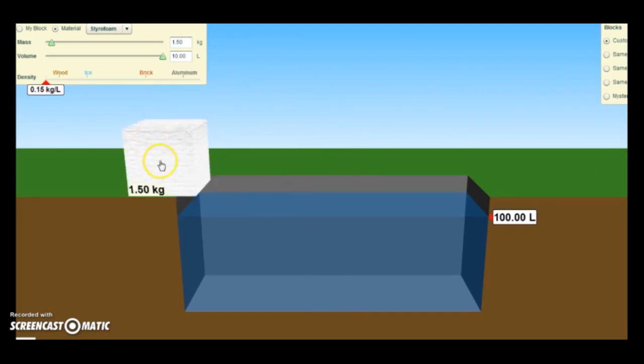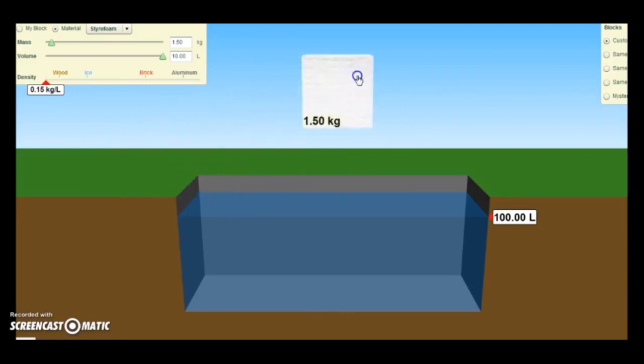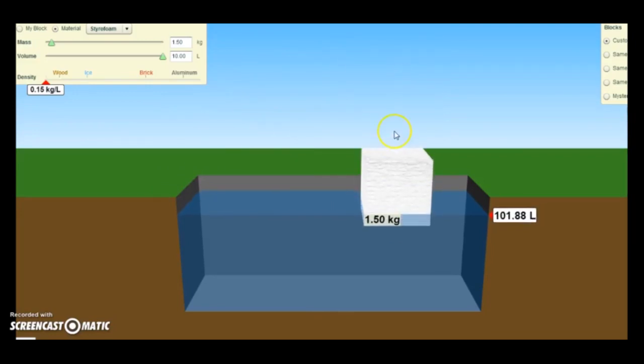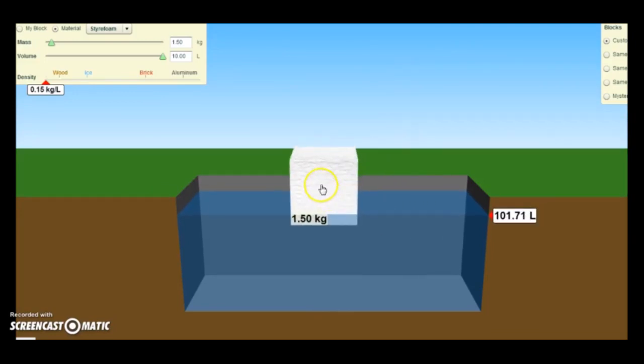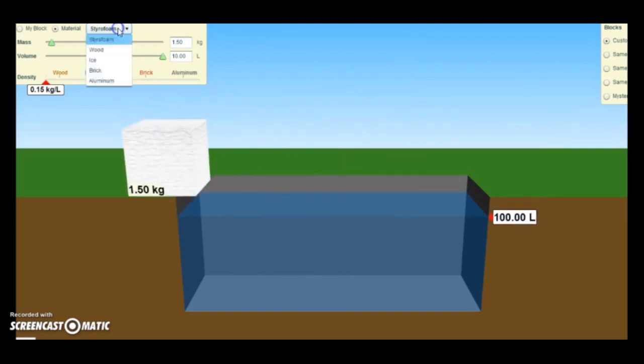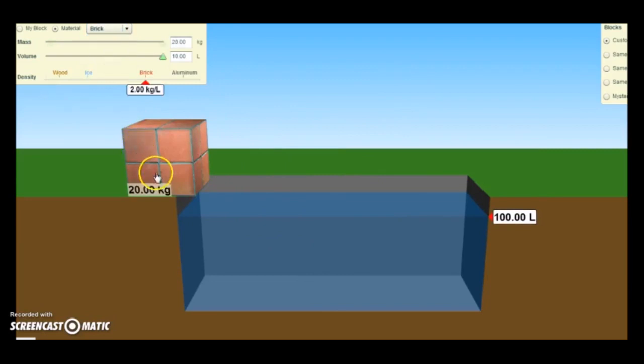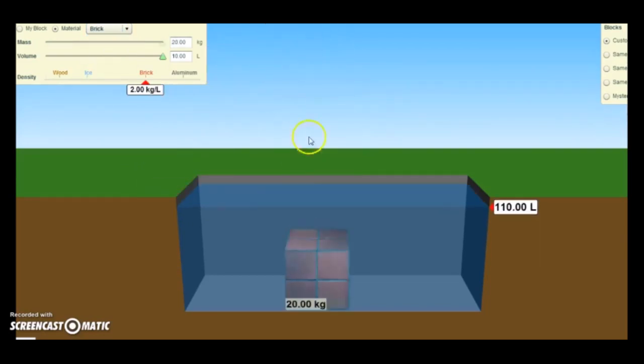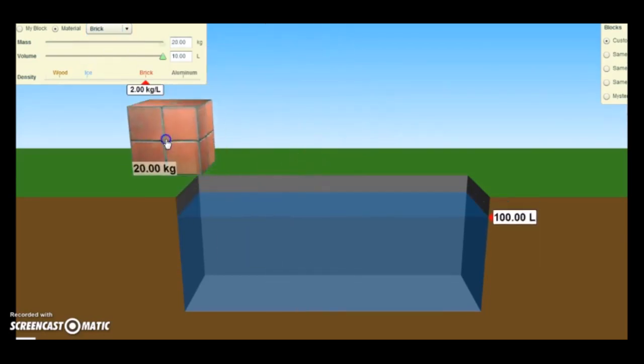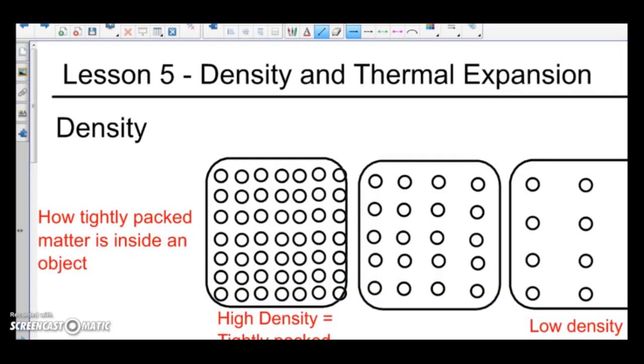Okay, so the styrofoam, you should be able to tell, mostly air inside of there. It's very light. It doesn't want to sink. You can push it down, but it's going to pop right back up. But a highly dense thing like a brick has a lot more matter. It's more dense, you could say. It's definitely going to sink.